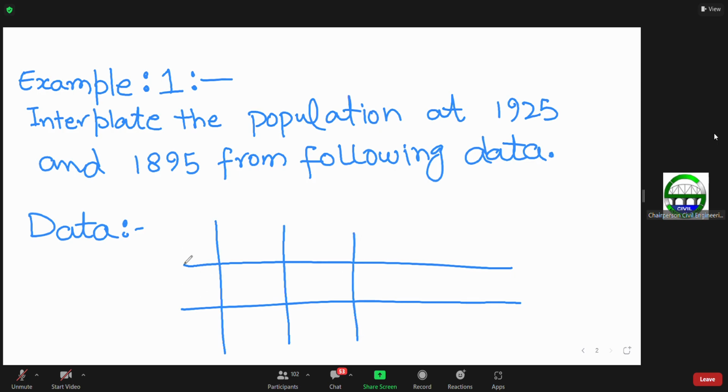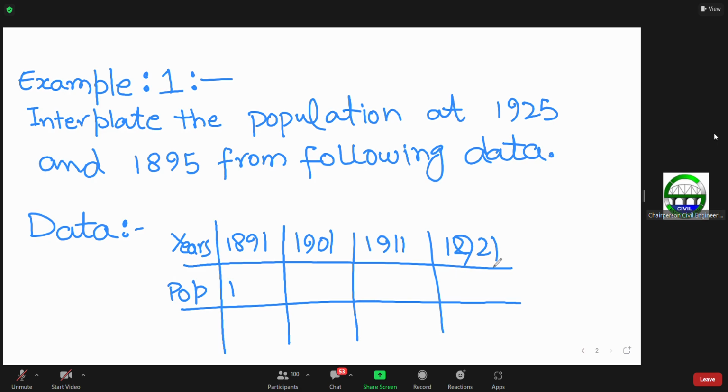Okay, so we have years in here and we have population in here. So we have 1891, 1901, we have 1911, then we have 1921, then we have 1931, right?